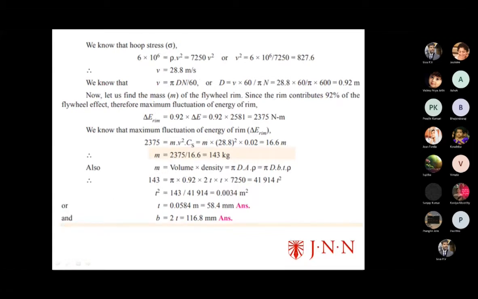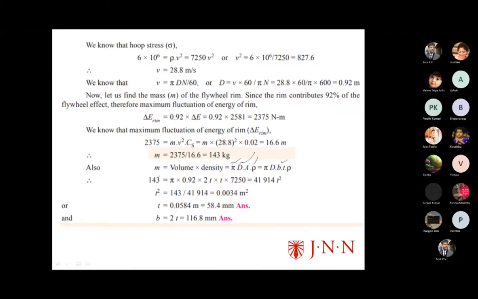So m equal to volume times density rho. Finally, volume formula: area A times the length, pi d. The area A is breadth into thickness, that is the formula.